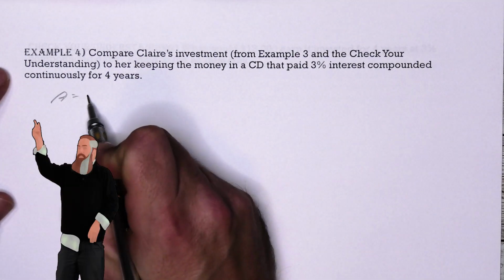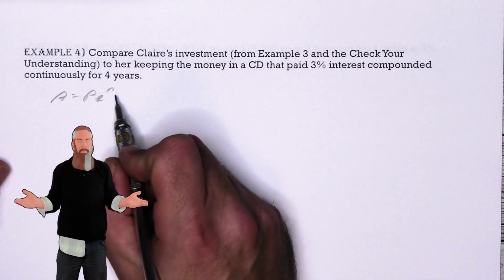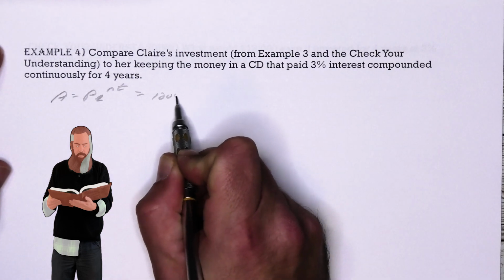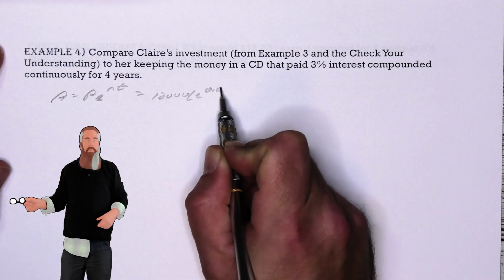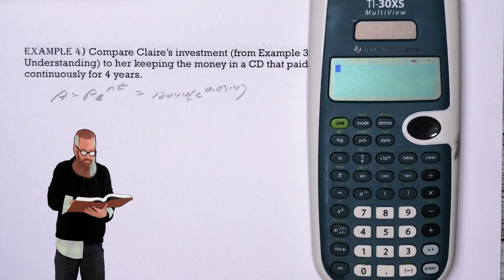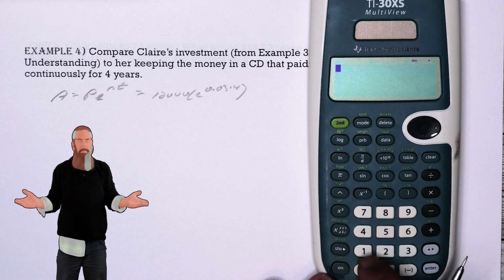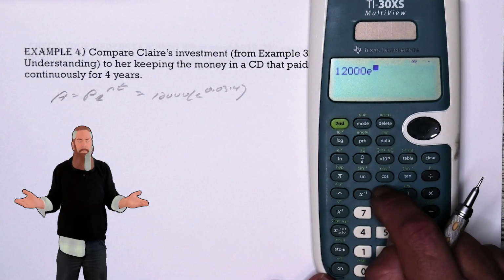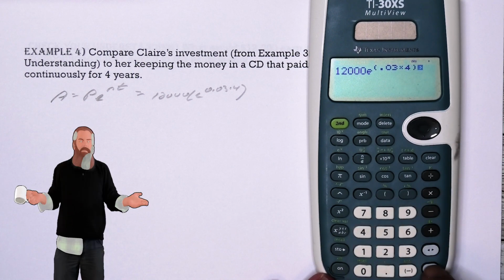So A is equal to P times e to the nt power, or 12,000 times e to the 0.03 times 4 power. By using the trusty TI-30XS, we can do 12,000 times e to the 0.03 times 4 power and hit enter.